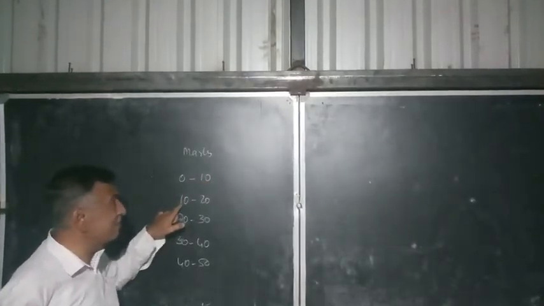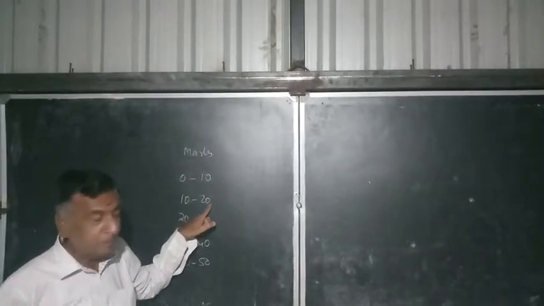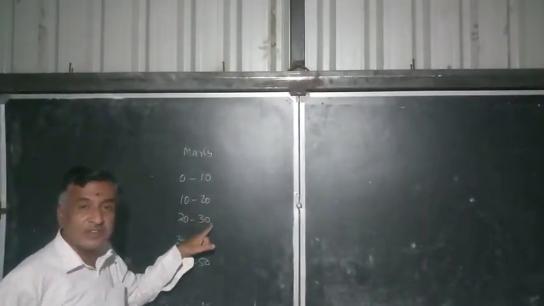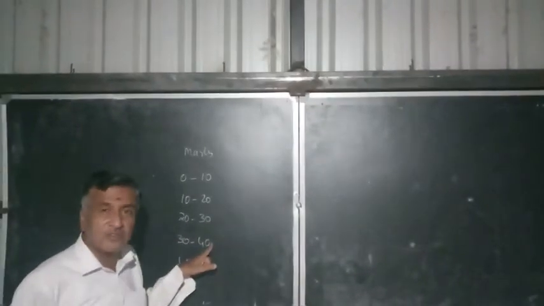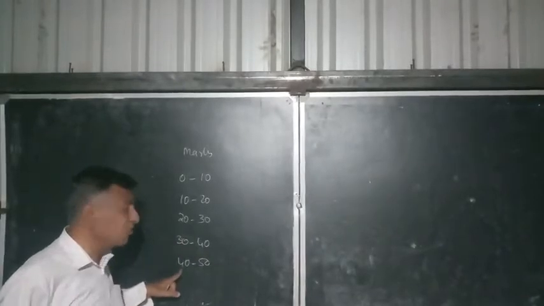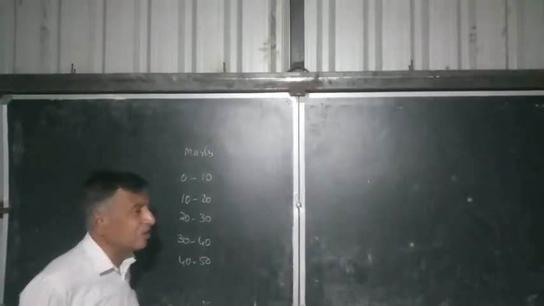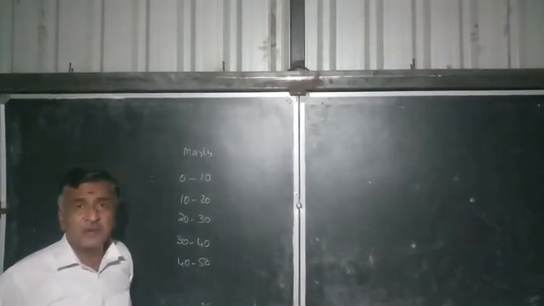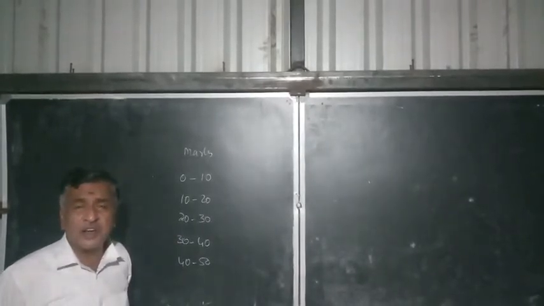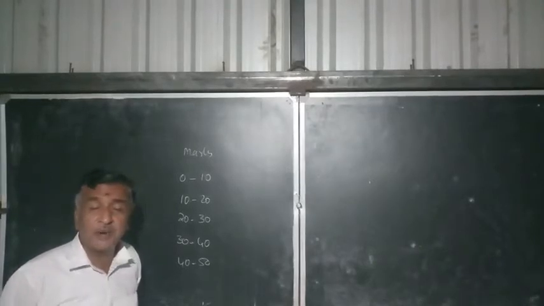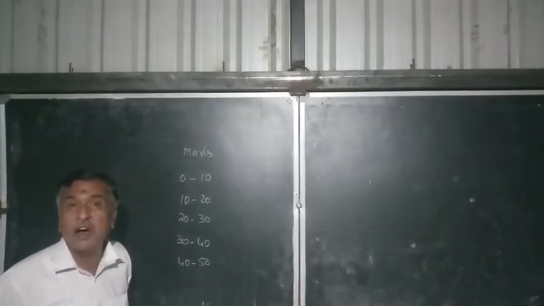Includes 10 but excludes 20. Includes 20 but excludes 30. Includes 30 but excludes 40. Includes 40 but excludes 50. In the class of 10 to 20 we take 10 to 19.9999, we do not take 20.